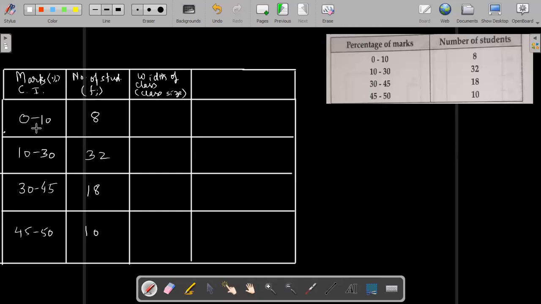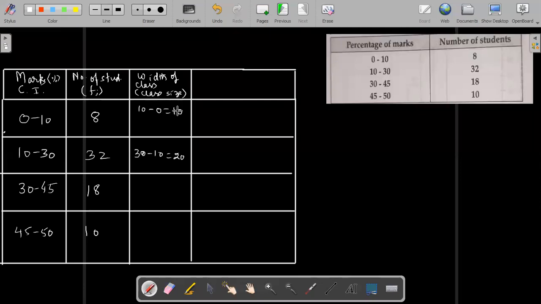So class size: 10 minus 0, upper limit minus lower limit, that is equal to 10. Here the upper limit is 30 and the lower limit is 10. 30 minus 10 is equal to 20.